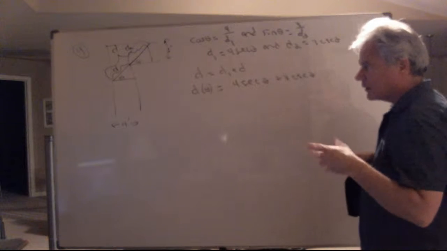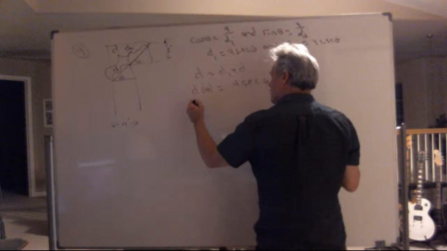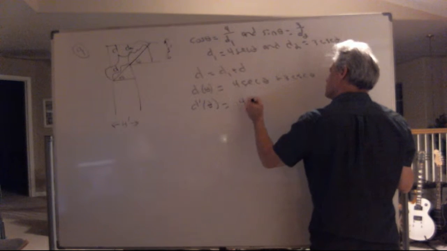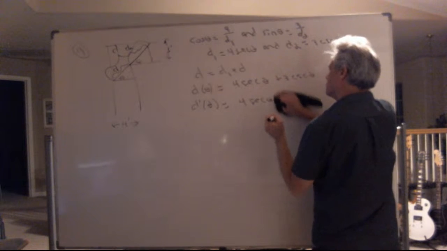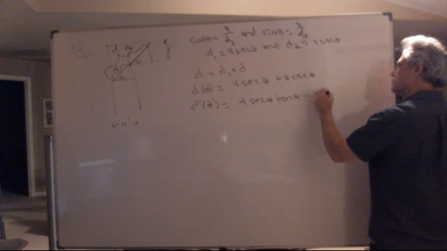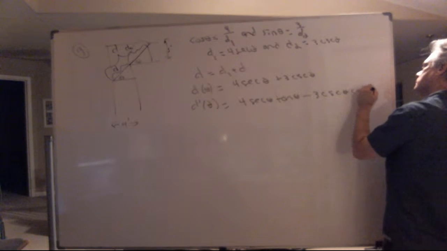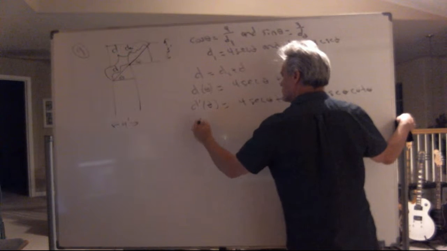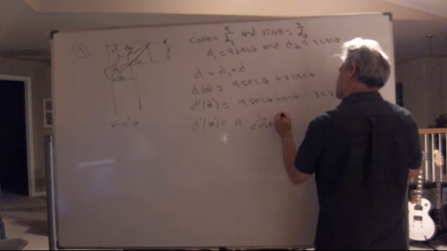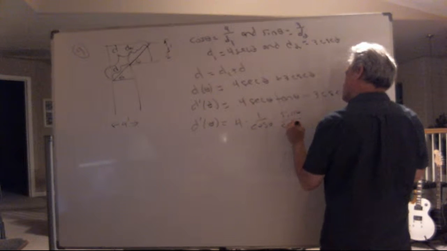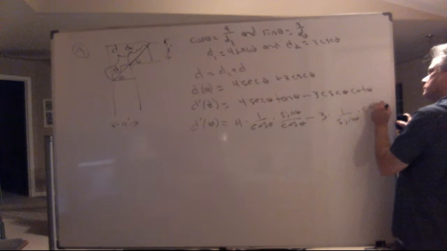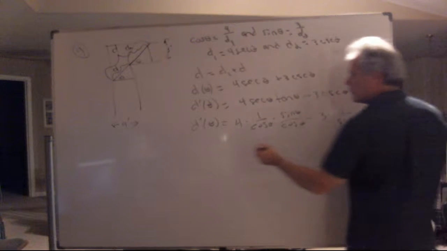Now to optimize, I need to dive in and differentiate. So differentiating with respect to theta term by term, I get this. That gives me this. That gives me this.